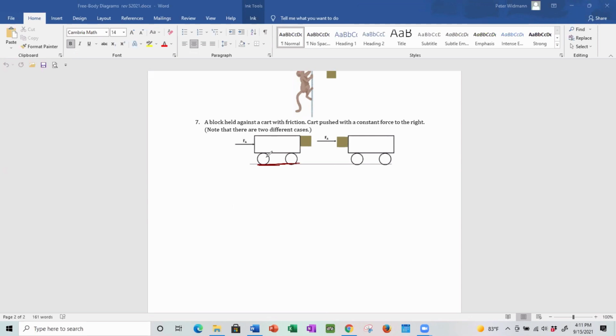I'm going to assume that the smooth rolling condition is satisfied, and therefore these roll smoothly without friction. So there's no friction here. There could be, you could add it in if you wanted to, but we're not going to. Okay, thank you.